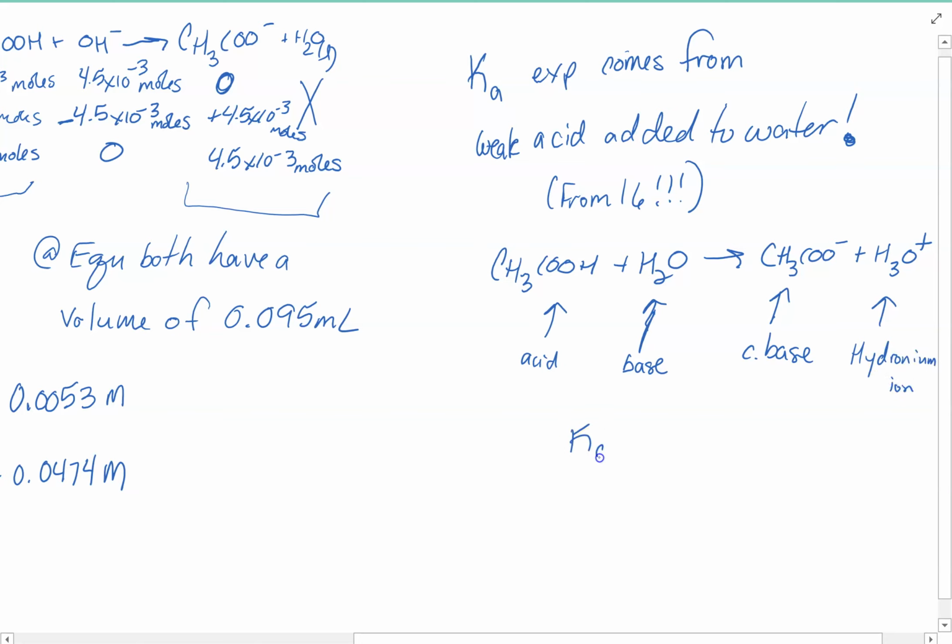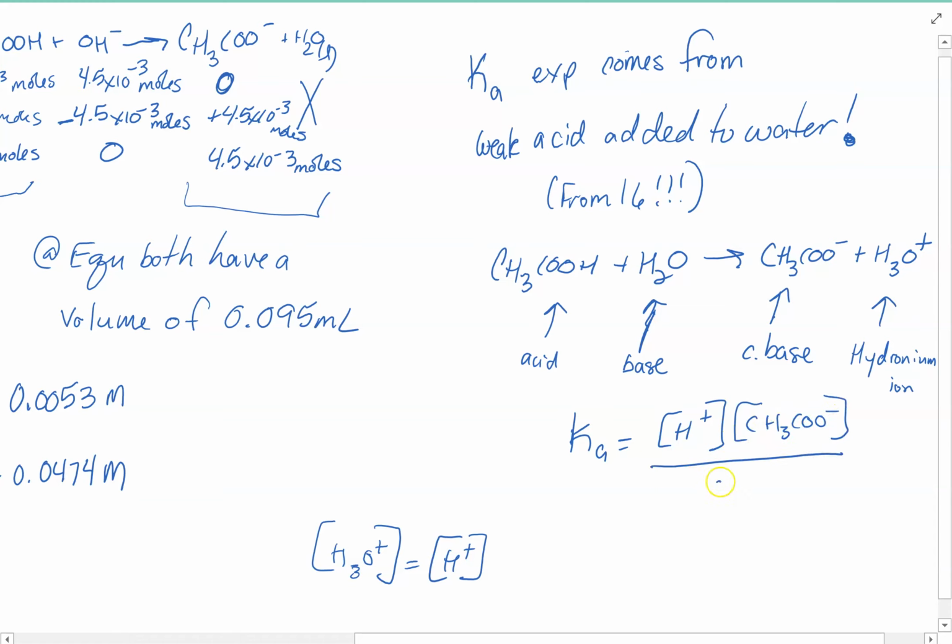And the Ka expression from that would then be H+. Remember, please don't forget that. That's so important. I just don't want you to get confused.